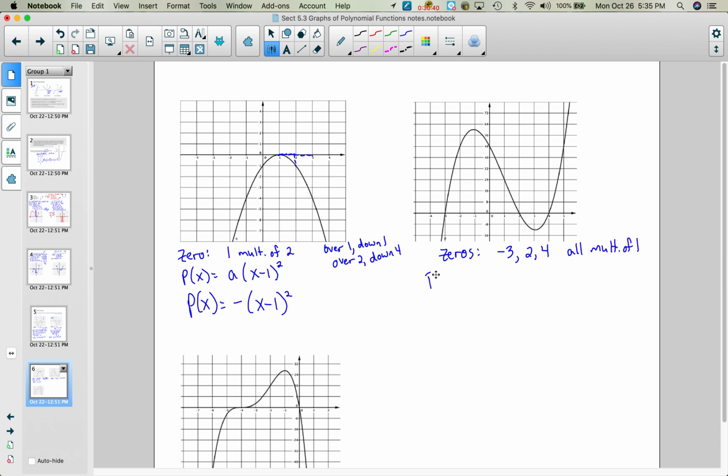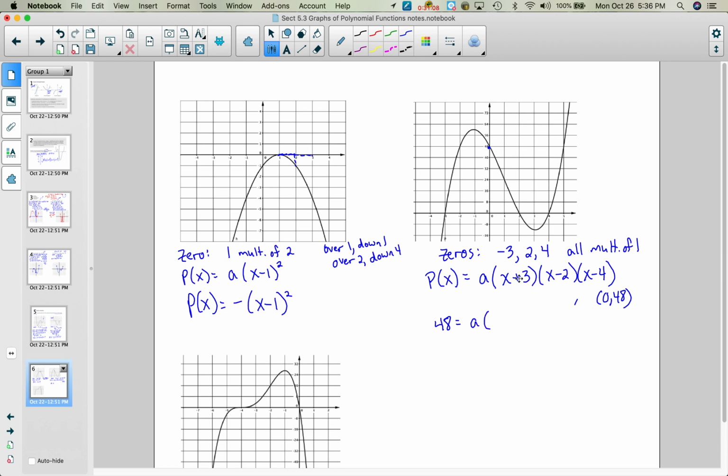So p of x equals a times x plus 3 times x minus 2 times x minus 4. So then if I pick a point on the graph and I use the y-intercept, 0, 48. So then 48 is the y value.